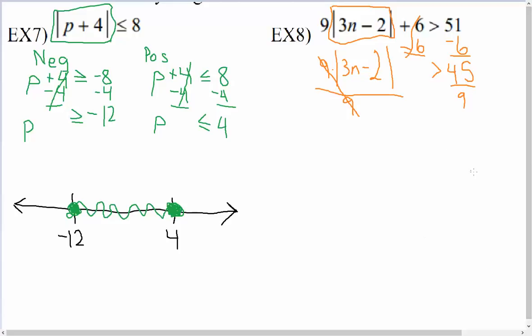So now we are left with the absolute value of the quantity 3n minus 2, and that is greater than 5. So we have now isolated the absolute value, and this is where we have to do our split. Negative direction, positive direction.